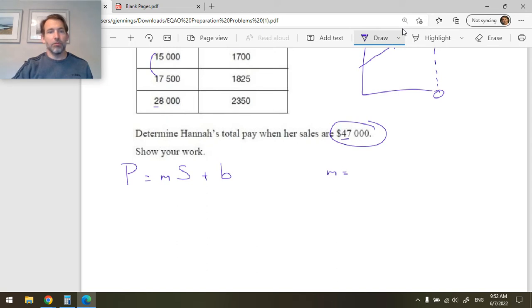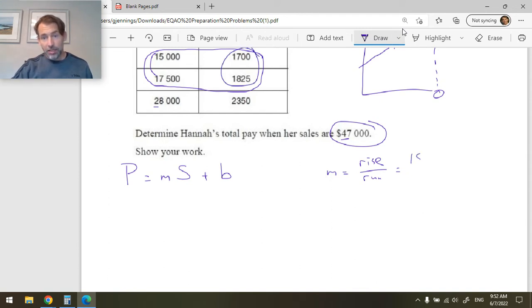M is equal to the rise over the run, so let's write that out, rise over run. And here I'm going to actually do some calculations. I'm going to work with these 2 points. I can work with any 2 points if this is indeed linear. Okay, so the rise comes from the change in y values, change in her pay.